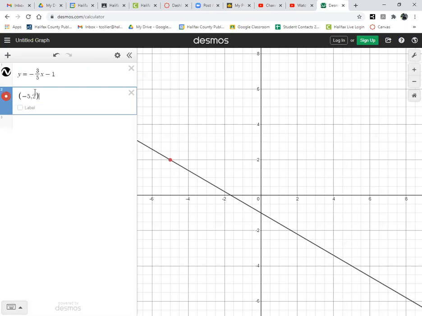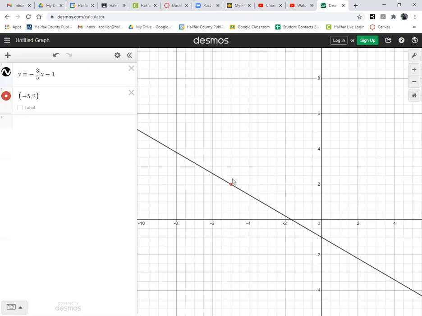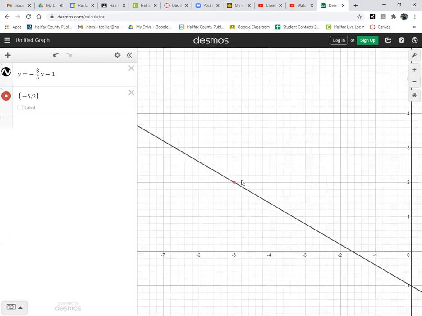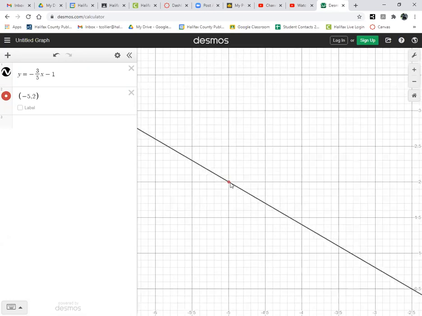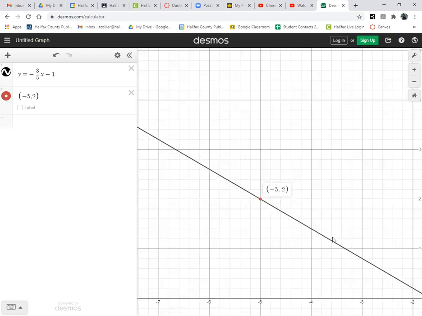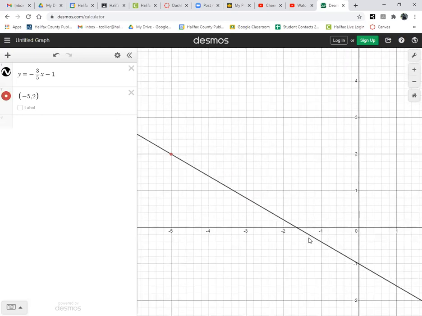And then I close it up. Okay, so this is going to show up as a red dot. The red point is going to show up on the graph, and the line does go through it. So if they give you a point and they give you the slope, you should be able to write out the formula for that line, okay? So let's go back to the paper.